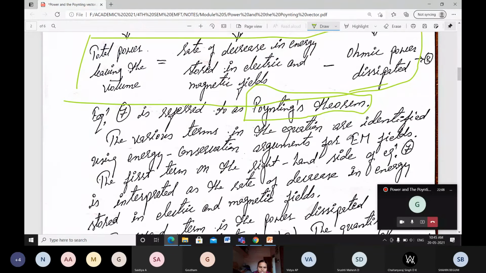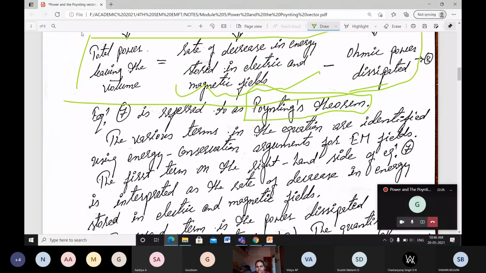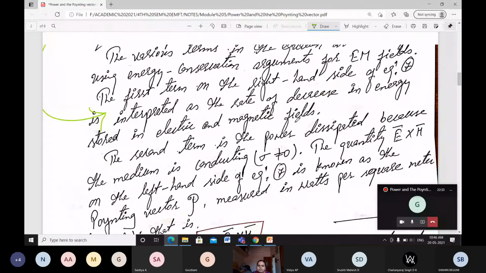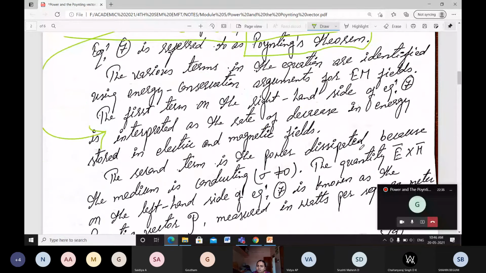The same thing represented in equation form is written here in sentence form. The first term on the right hand side of equation 7 is interpreted as the rate of decrease in energy stored in the electric and magnetic fields. Then the second term is the power dissipated. This is the power dissipated because the medium is conducting, where sigma is not equal to 0.